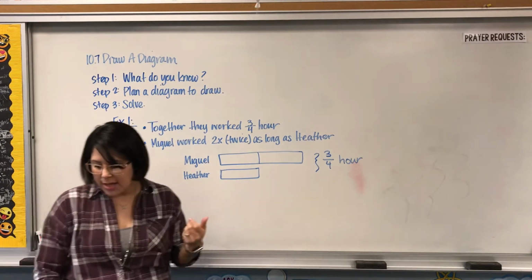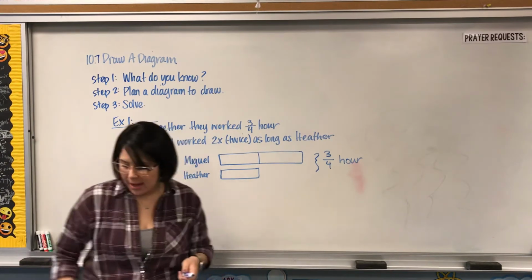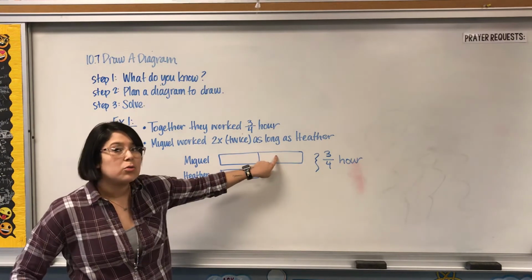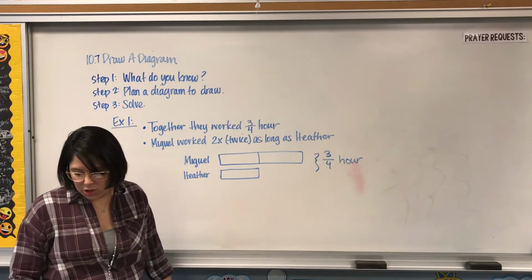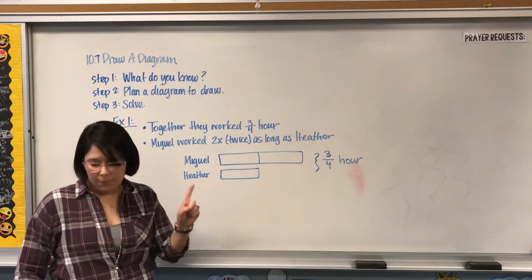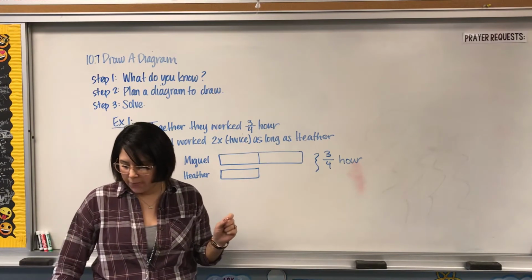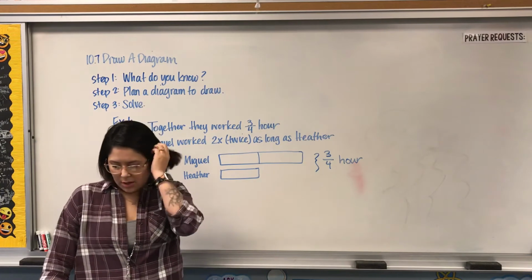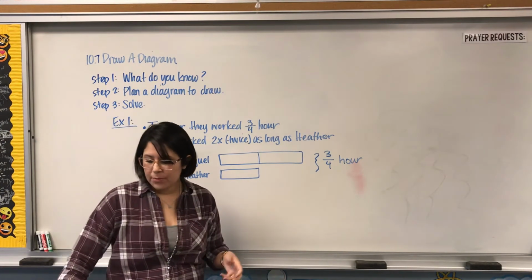Okay, so it says there are 3 small strips that make 3/4. 1, 2, 3. 3 parts. Each small strip is 1/4 because 3 unit fractions, these are unit fractions here, of 1/4 make up 3/4.